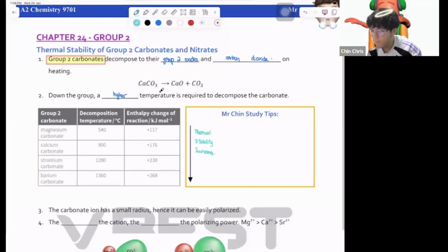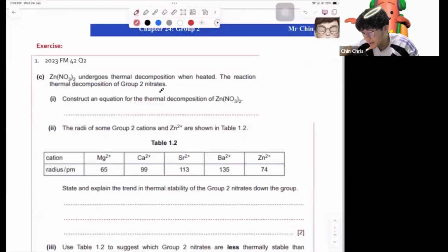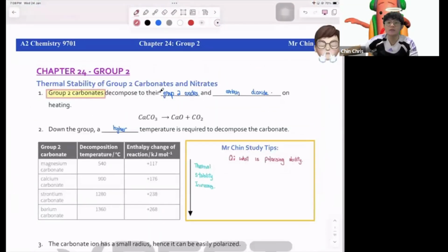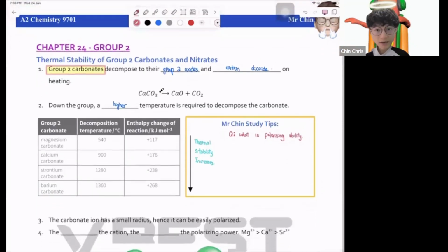Alright guys, next. Question: what is polarizing ability? I will talk about polarizing ability later on. Wait, have you done polarizing ability? Oh, you've done it in chapter 19 already in school. So what is polarizing ability?